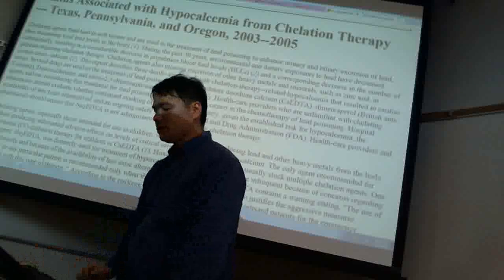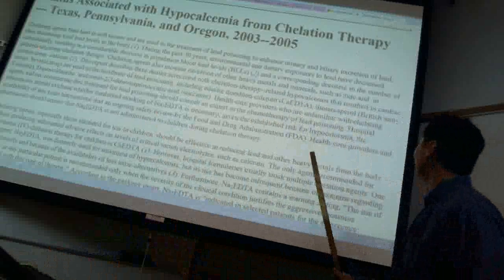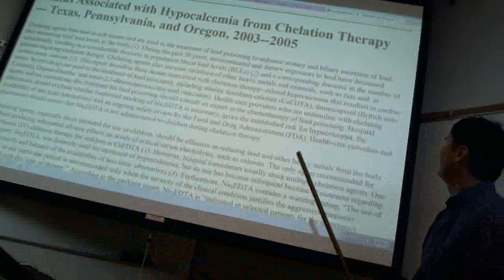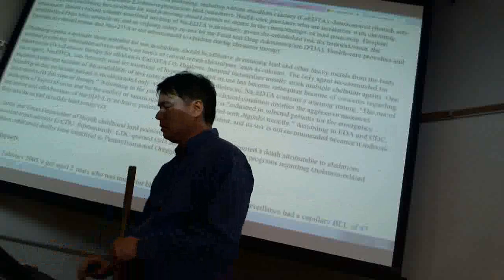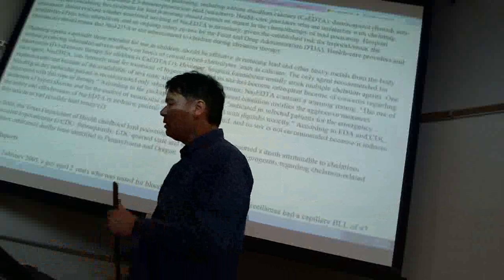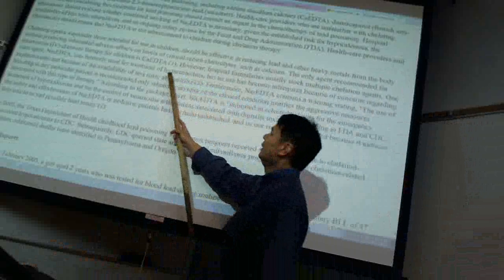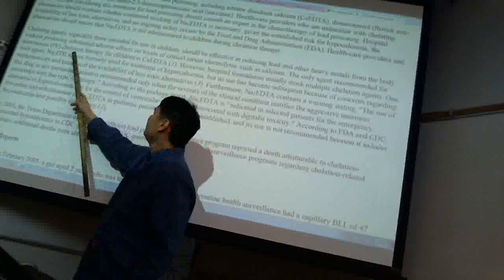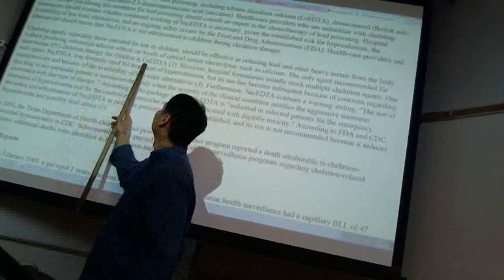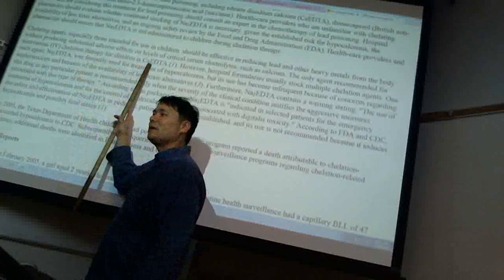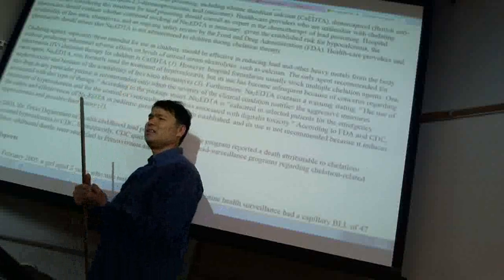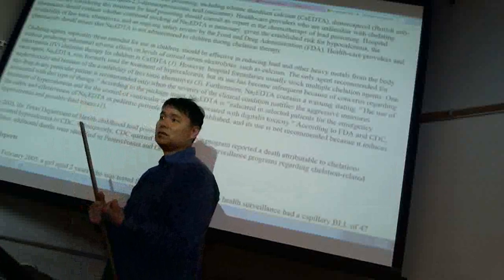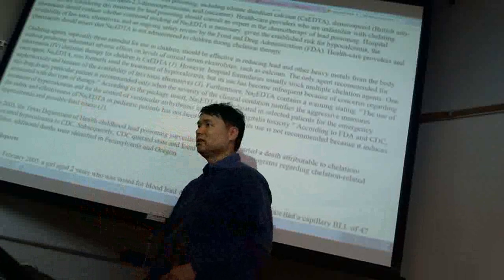And so the only agent here, the only agent recommended for intravenous IV chelation therapy for children is calcium EDTA. That makes sense, right? Calcium EDTA, because calcium is a stronger bond to EDTA, and so it should be less reactive, right? Less aggressive.